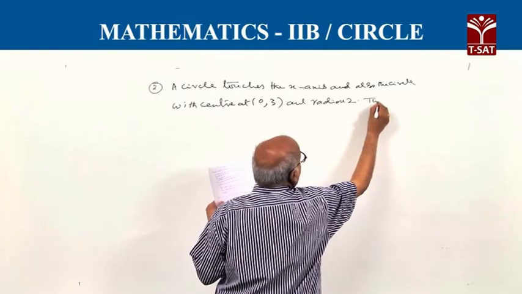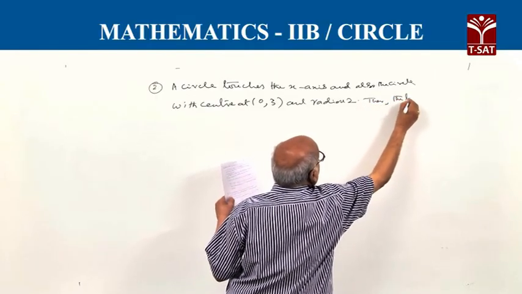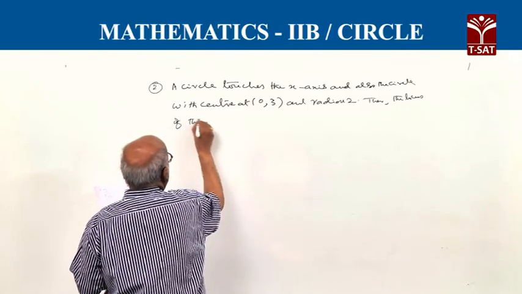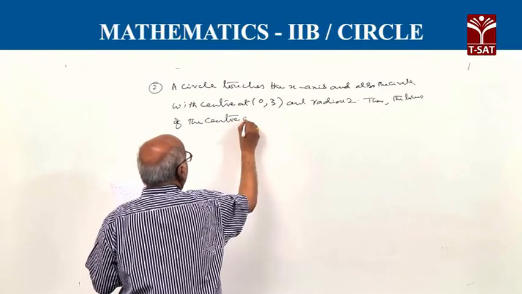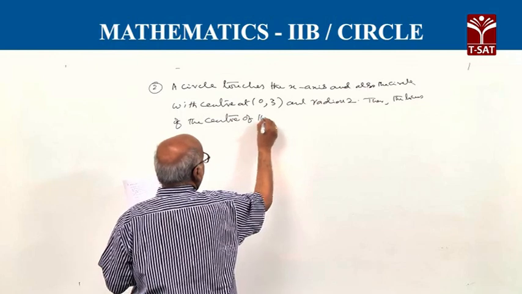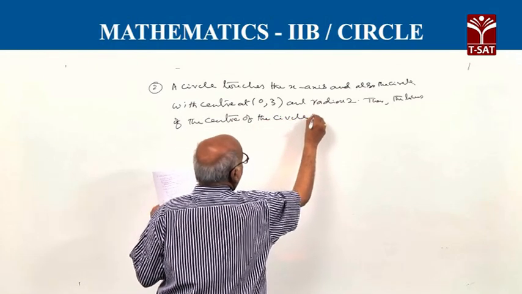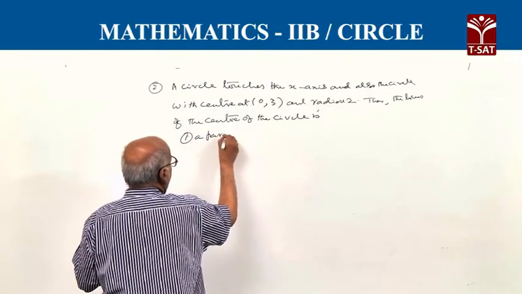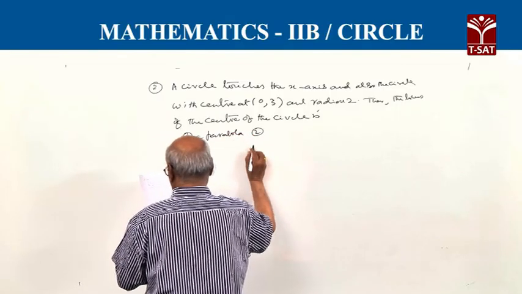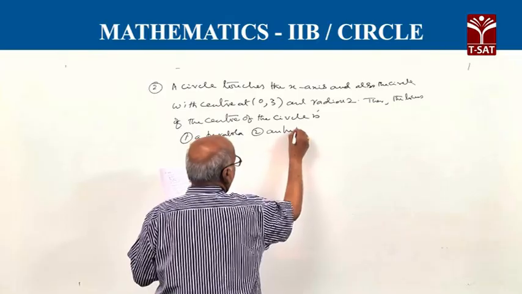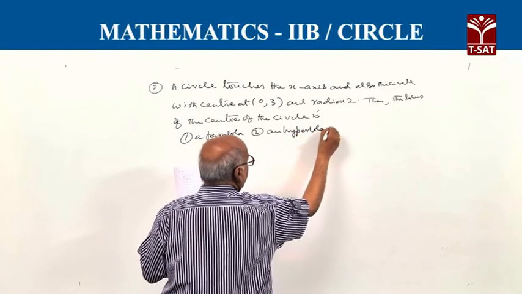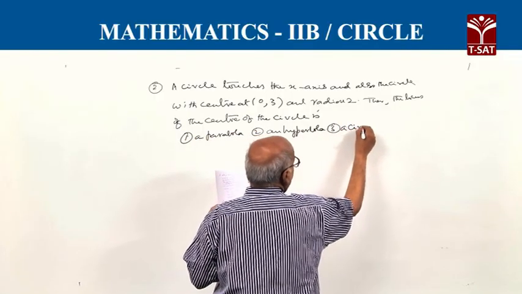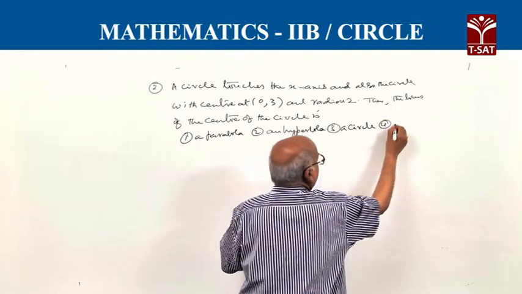Then the locus of the center of the circle is 1, a parabola, 2, a hyperbola, 3, a circle, and 4, an ellipse.